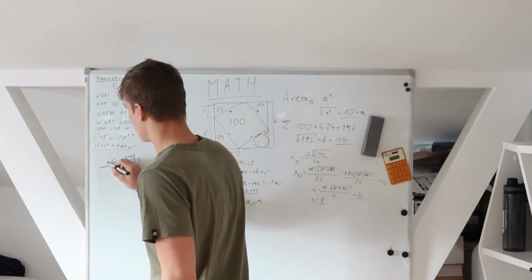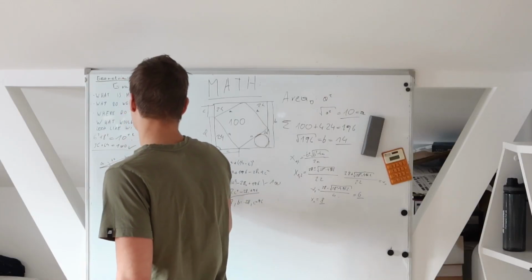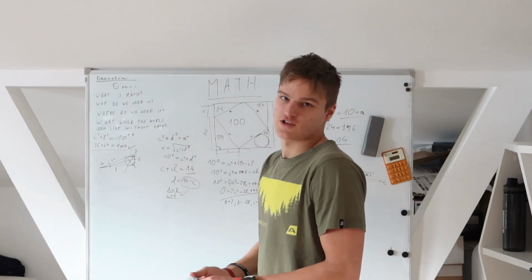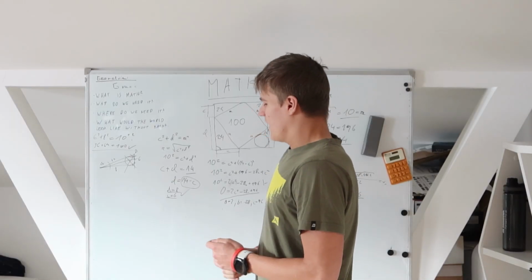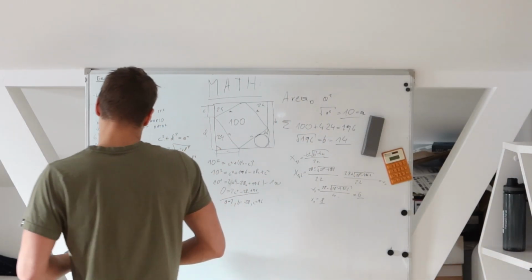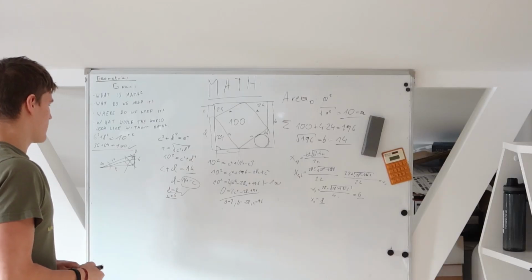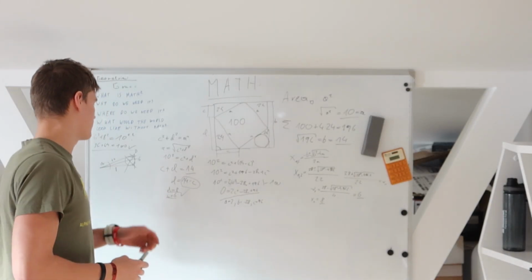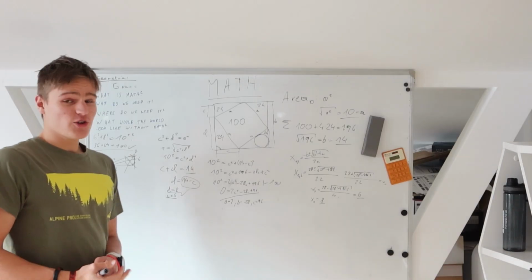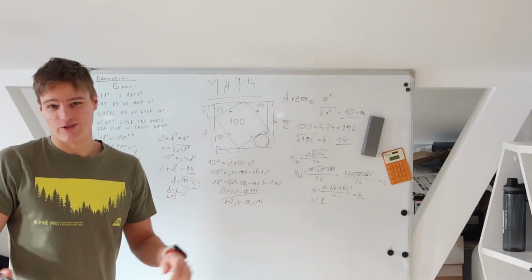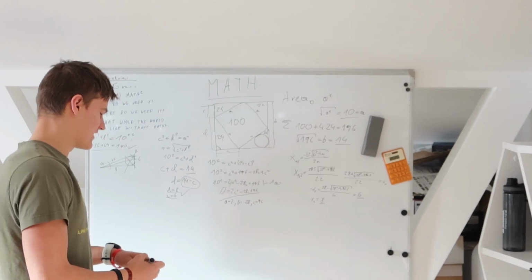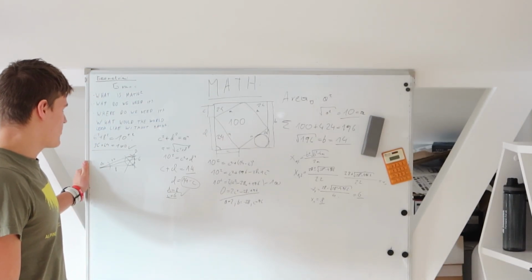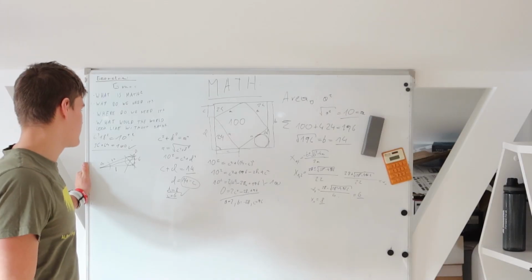So what do we do now? We have three angles. Let's call this angle alpha, this one beta, and we need no name for this one because it's just a right angle. Now, how can we calculate the corresponding angle? We can use sine, cosine, or tangent, whatever we want.